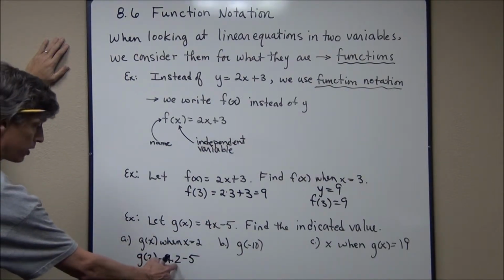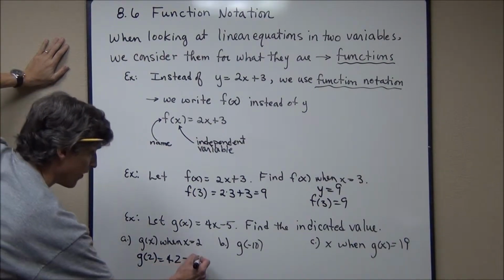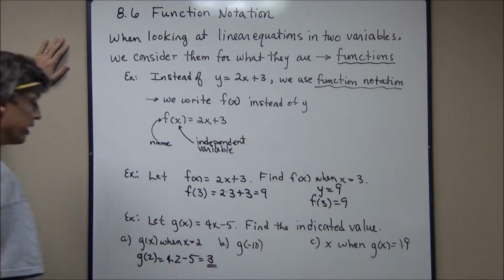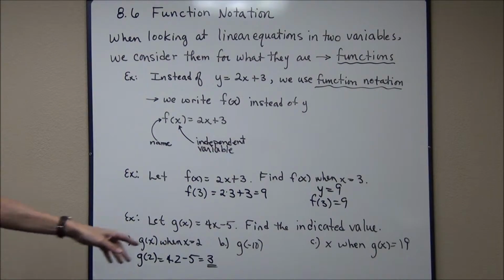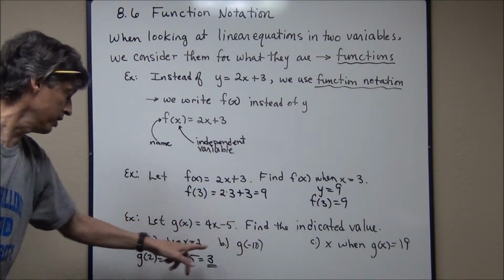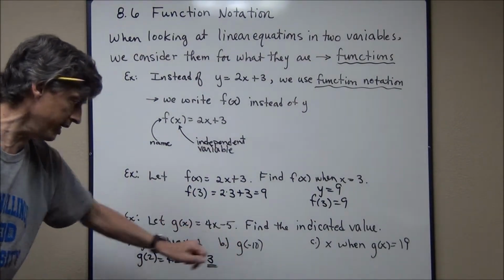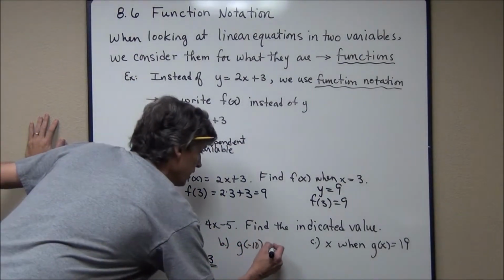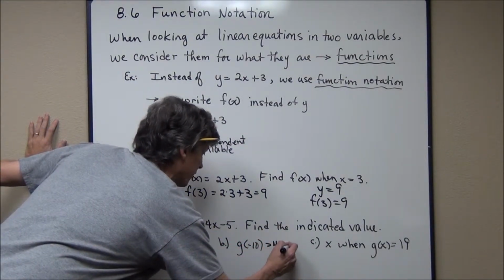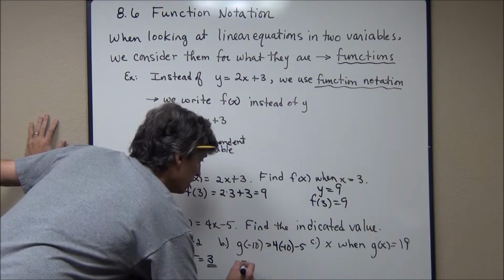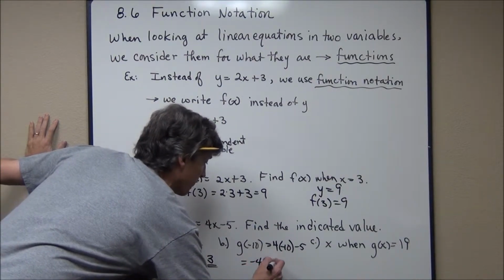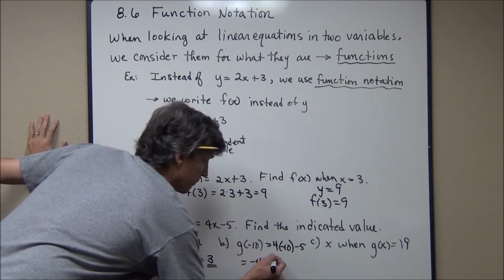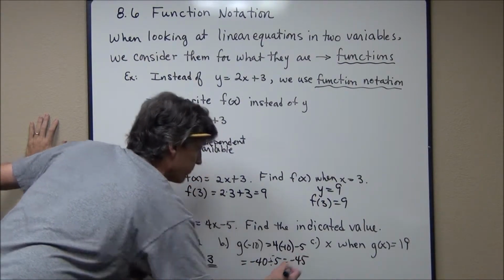It's a little sloppy. 4 times 2 is 8, minus 5 is 3. And I have that value. Or here, look at the convenience of writing it this way as compared to this. I know exactly what x is, so this is going to equal 4 times negative 10 minus 5, which is negative 40 minus 5, and that's like adding the opposite, that's negative 45.